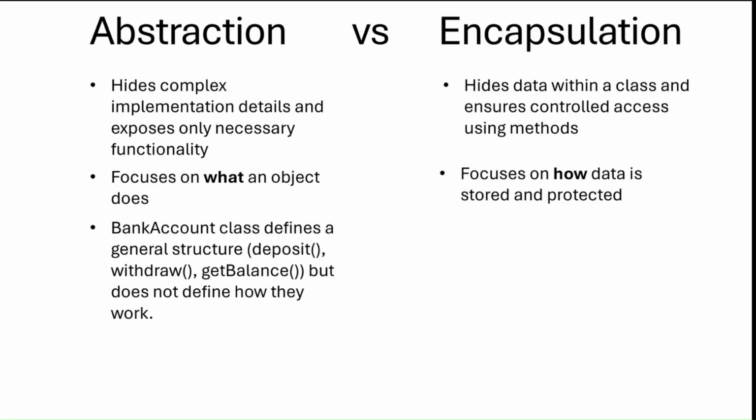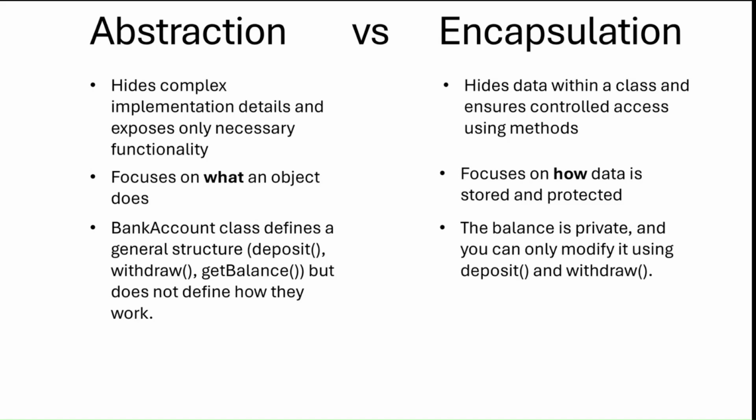Let's take an example of a bank account. The BankAccount class defines a general structure, deposit, withdraw, getBalance, to interact with the bank account, but does not define how they work internally. The balance details, or the data in a bank account, is private, and we can only modify it using the methods or operations of the bank account, deposit and withdraw.